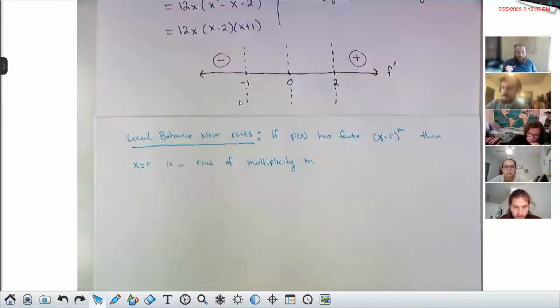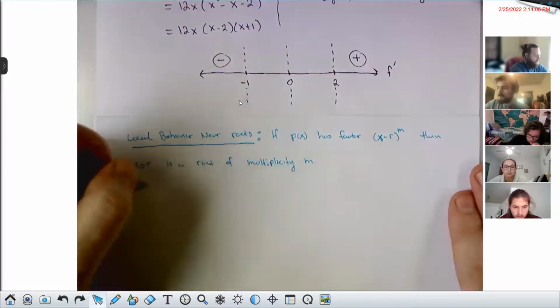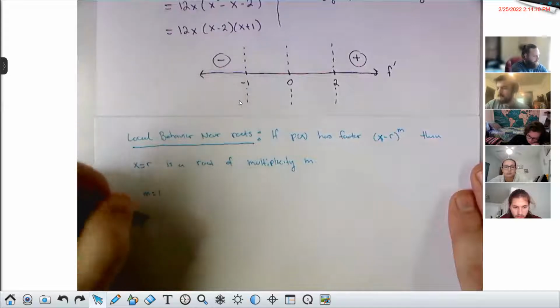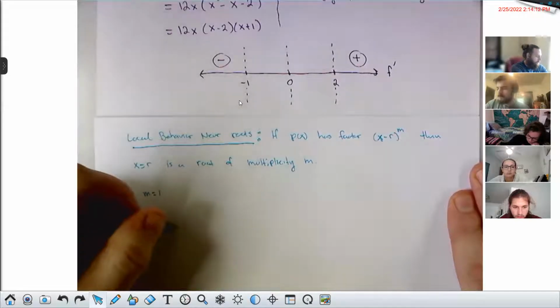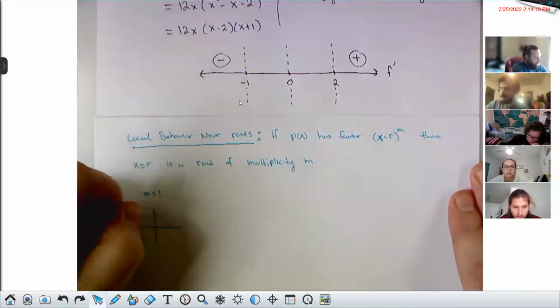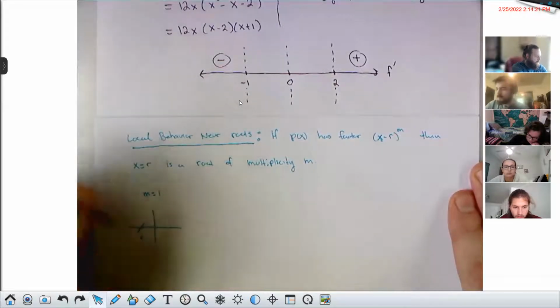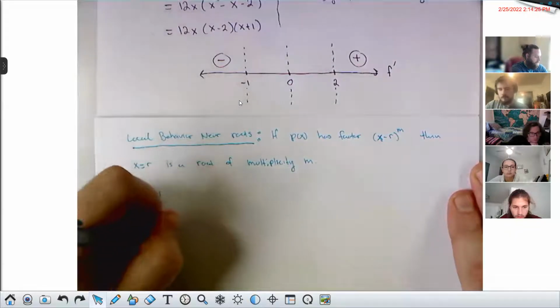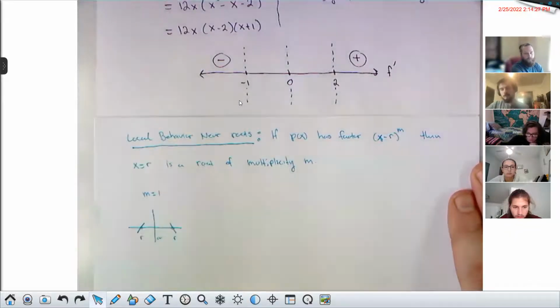And the local behavior, what I mean by that is the shape of the graph near that root. So roots are x-intercepts, that's the other way to say it. If m equals 1, then the behavior near that root is either going to be like this, or like this.